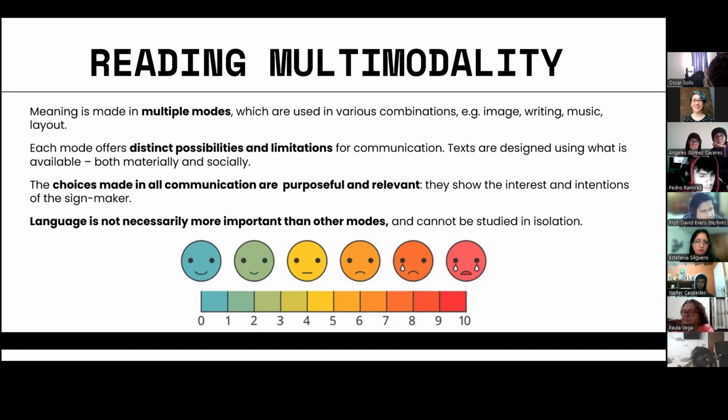So if I show you a picture and I call it a text, it's not because I'm going crazy. It's because there is meaning to be understood in that image. There is a lot of reading that you can do from audio, from images, from linguistic material, anything. So texts are designed using what is available.